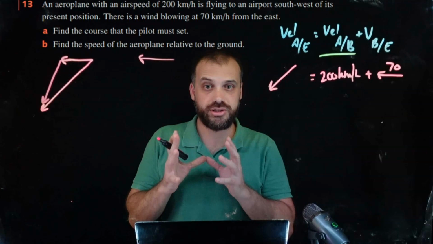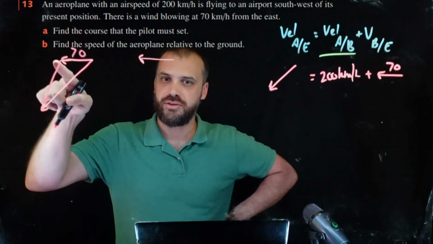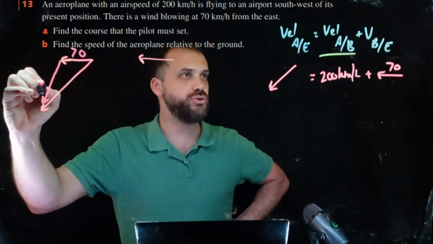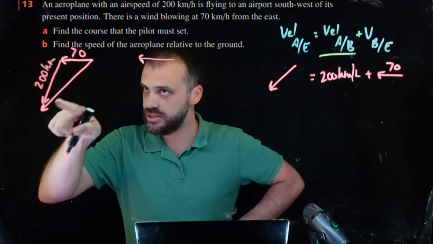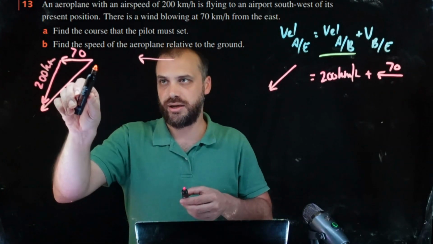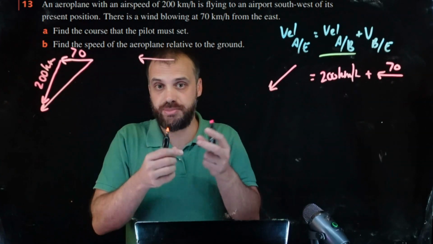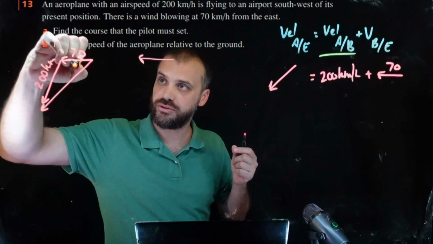Drawing this all together now, the wind directly across at 70. The plane, we don't know the direction of it, but we know it's 200 kilometers per hour. And this part here, we don't know the speed. There is no speed between one place and another, but we do know the direction, 45.